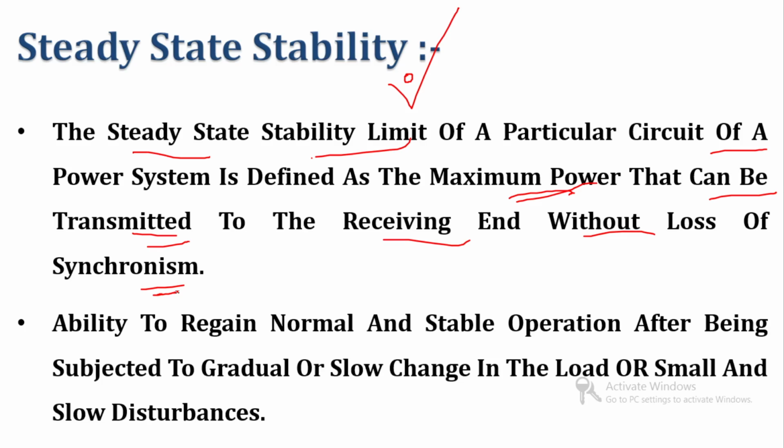Steady state stability is the ability to regain normal and stable operation after being subjected to a gradual or slow change in the load. Clear? Gradual or slow, or we can say small and slow disturbances. The ability to remain in normal and stable operation after being subjected to small and slow disturbances is known as steady state stability.